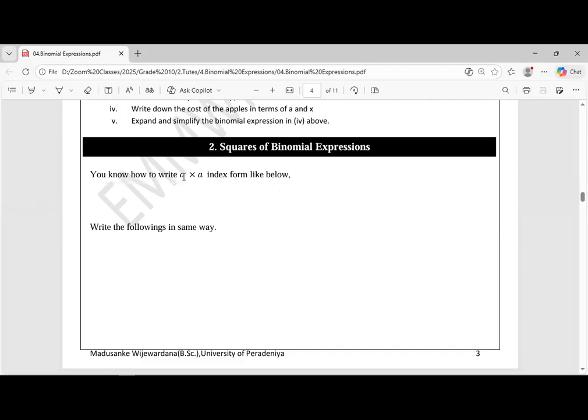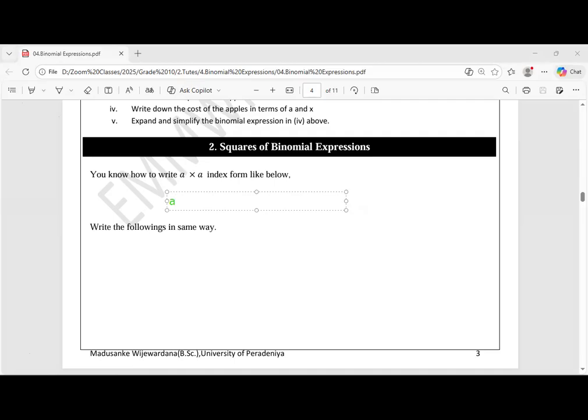First of all, you know how to write A into A in index form, like below. So how are we going to write A into A in index form? This is the way. Let's learn something new.